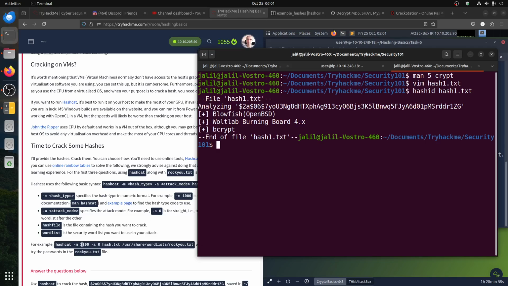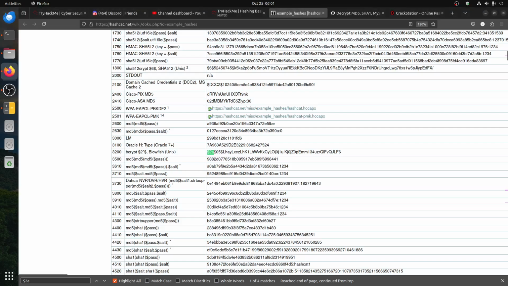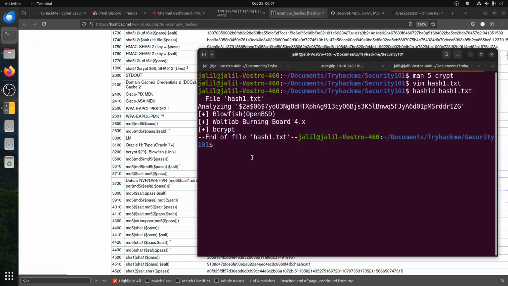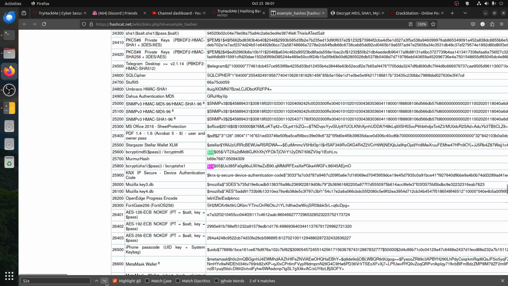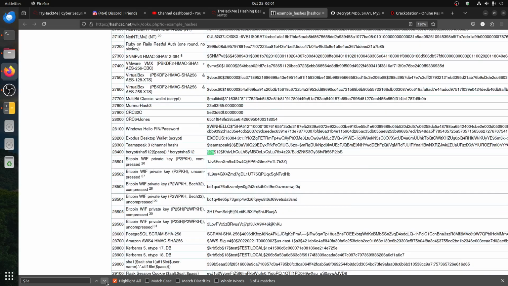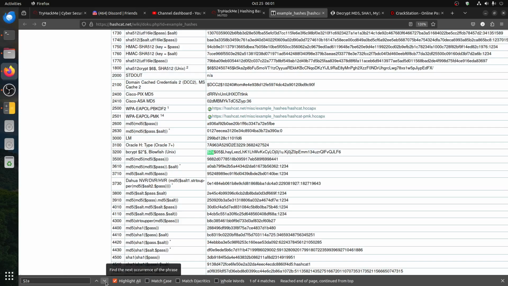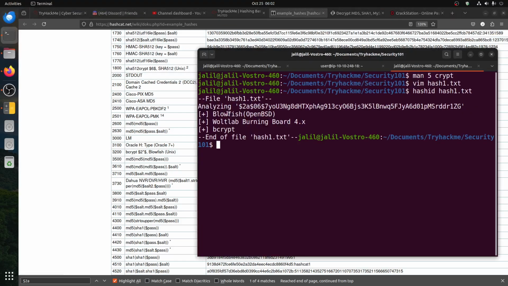So the most interesting is the 3200. Did you find the 3200? Yeah, this is bcrypt. What does it say here? Blowfish, OpenBSD, or bcrypt, one of them. Now we have bcrypt 3200, bcrypt MD5 and SHA, and then bcrypt SHA-256, and 3200 Blowfish. They talk about Blowfish here, so we can say 3200.